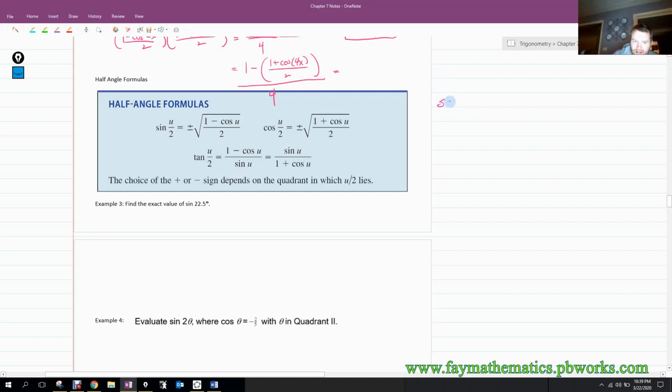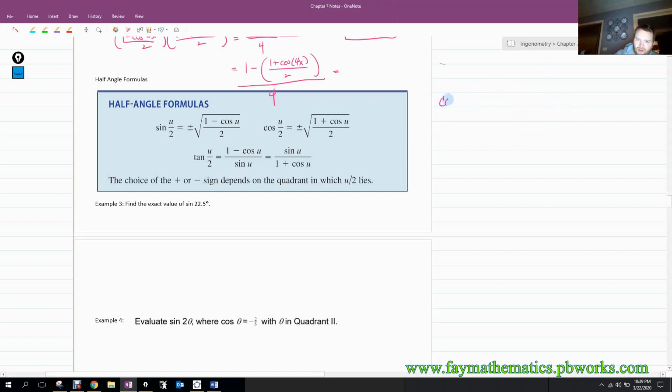They come from the double angle formulas, actually, the sine one. So let's say sine of 2x was equal to 2 sine x cosine x. Actually, nope, using the wrong one. They all come from the cosine double angle formula.